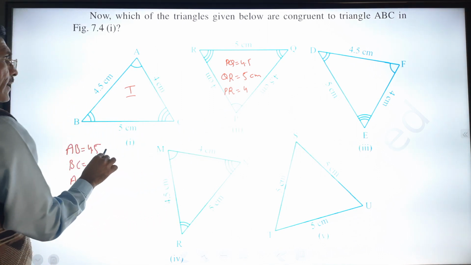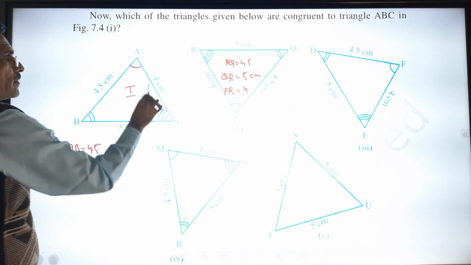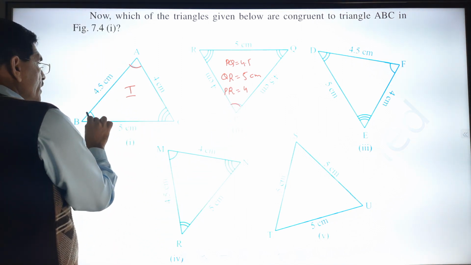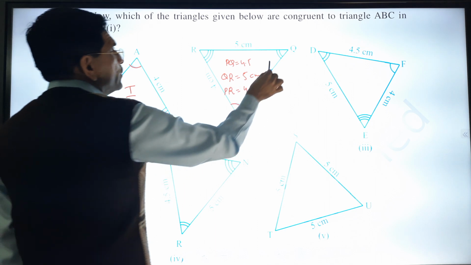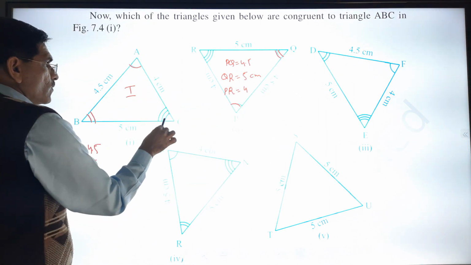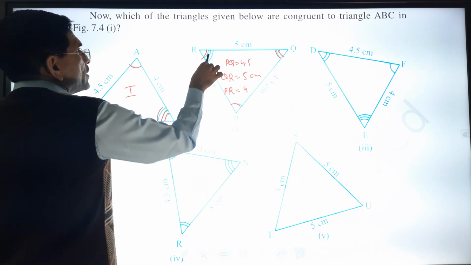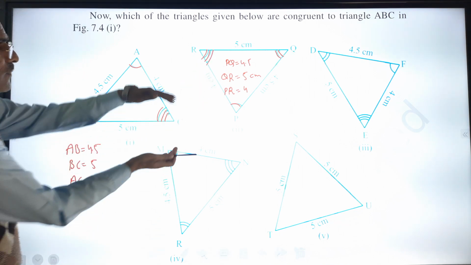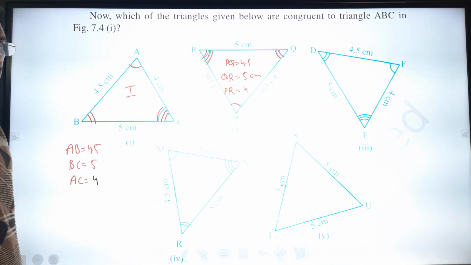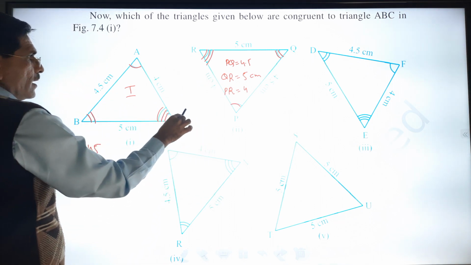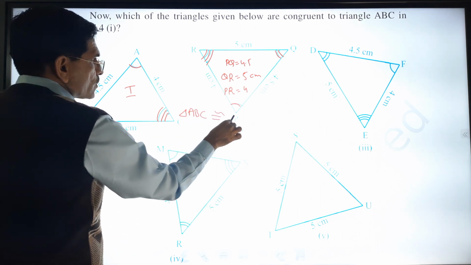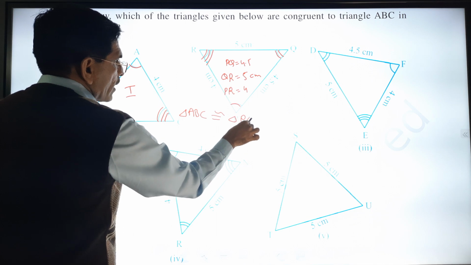Angle A, one arc, angle B, Q, two arcs, C and R, three arcs. So if I shift this, it is equal to ABC. So triangle ABC is congruent to triangle PQR.